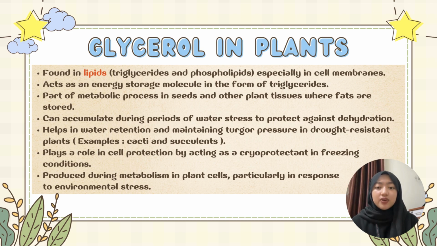It is particularly notable in plants that live in arid conditions because glycerol can act as a protectant against dehydration by attracting and retaining water. For example, in plants like cacti and succulents, glycerol may accumulate during periods of water stress to help maintain turgor pressure and protect against desiccation.